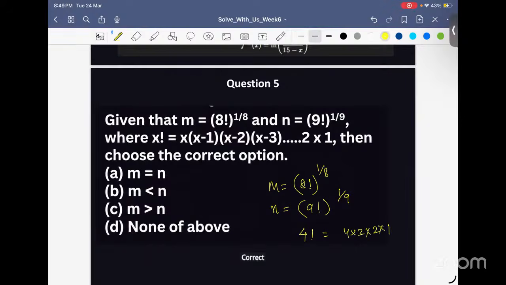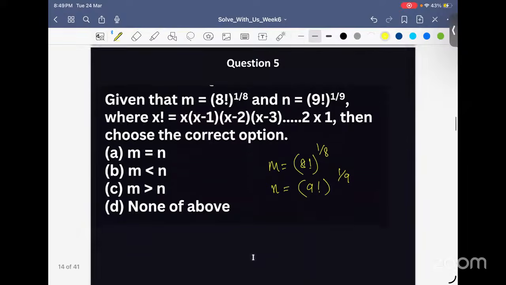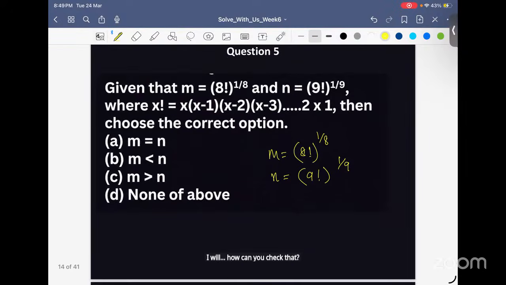Now it has been asked which one of the two is greater and which is less. How can you check that? So log of m is 1 upon 8 log of 8 factorial. Log of n is 1 upon 9 log of 9 factorial.